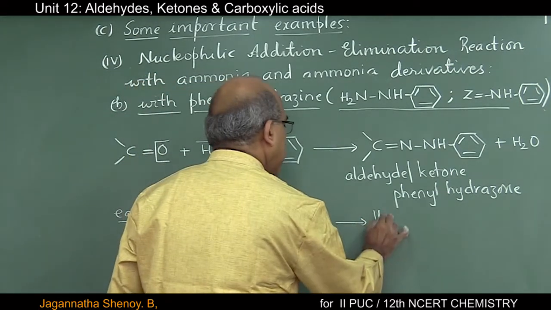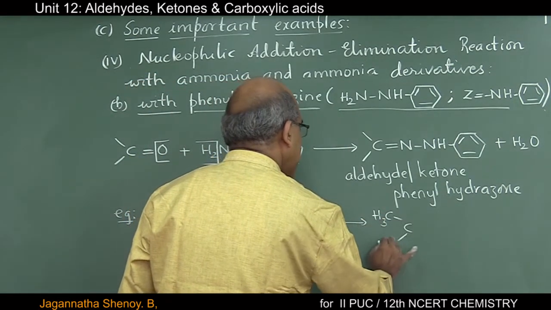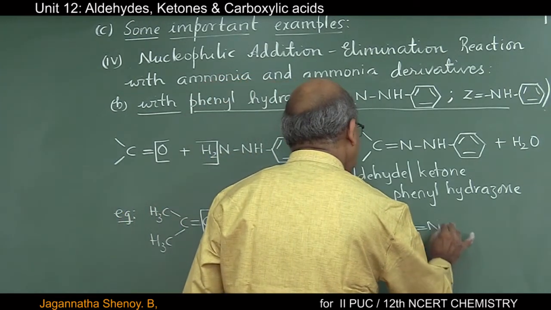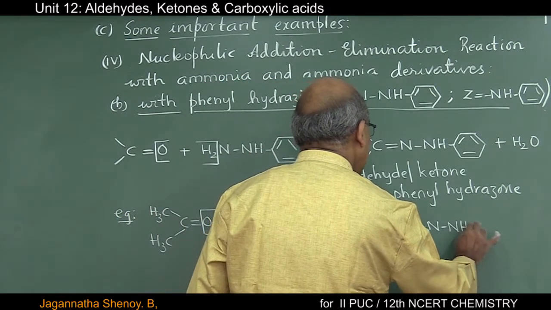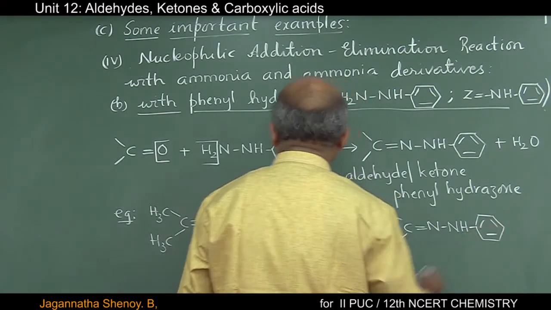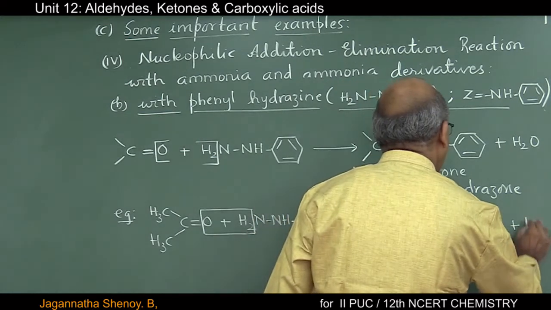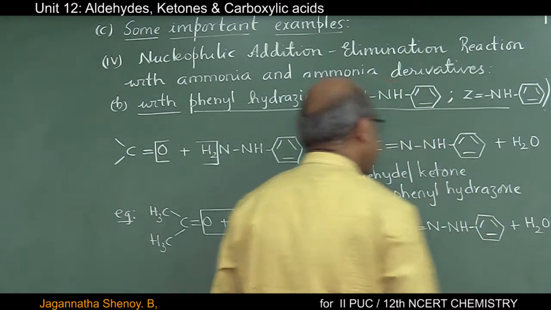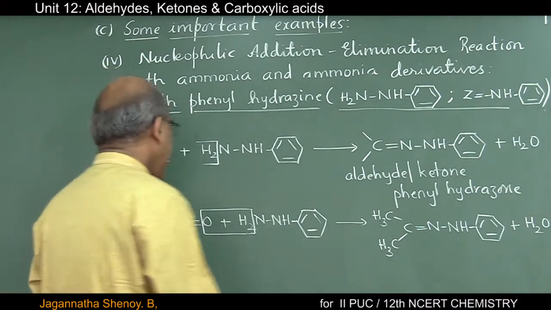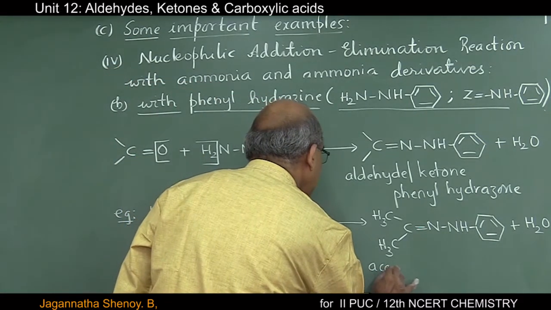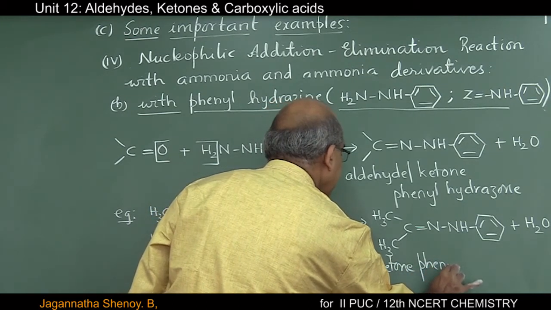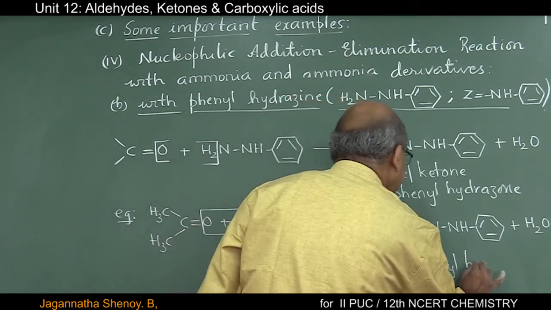So the product obtained is CH3 CH3, and we have a double bond N, then we'll have NH. After that we have a phenyl group like this. In addition to that, what we get is water. And whatever product is obtained in this case is called acetone phenylhydrazone.